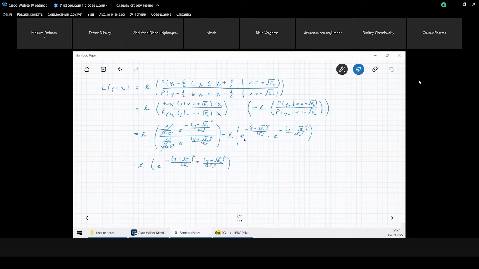And this can be simplified further. So let's see. We can take the ln already, so we could move the 1 over 2 sigma n squared to the front.